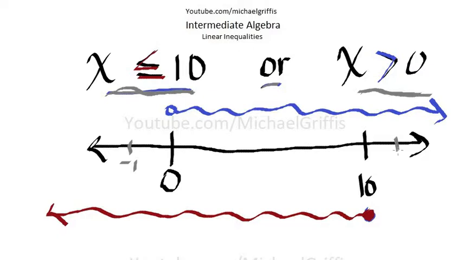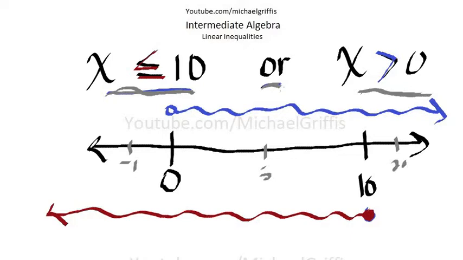If I picked a number over here, let's say 20, not to scale, 20 is not less than or equal to 10, but 20 is greater than 0. So you see, it just has to satisfy one of them. Or we could pick a number in the middle, like a 5. 5 is less than or equal to 10, 5 is greater than 0. "Or" means it could satisfy both of them.